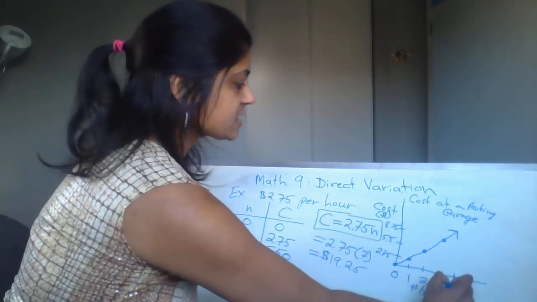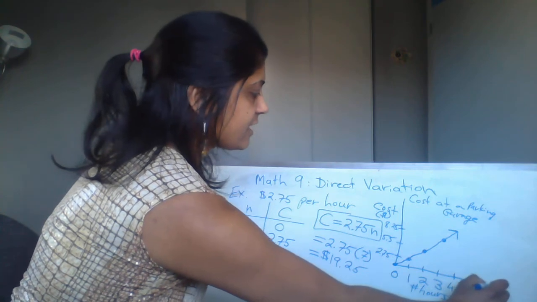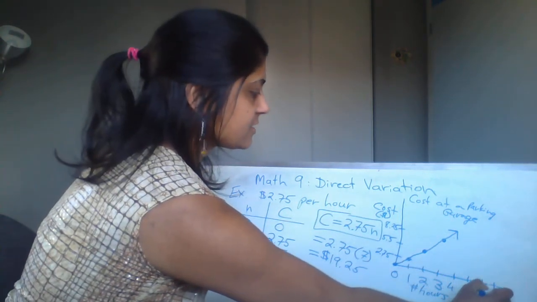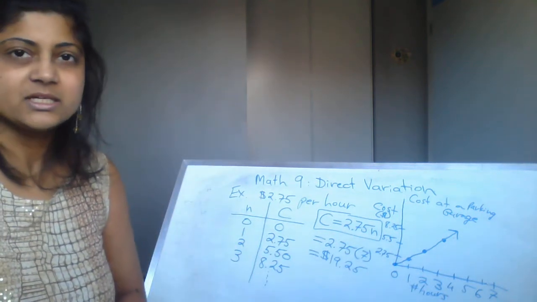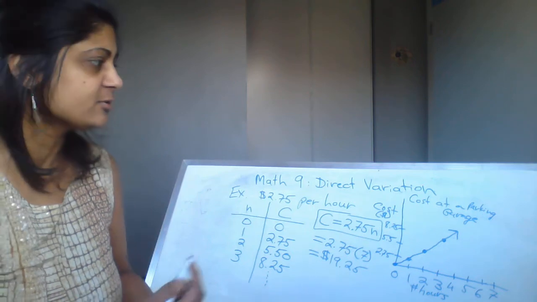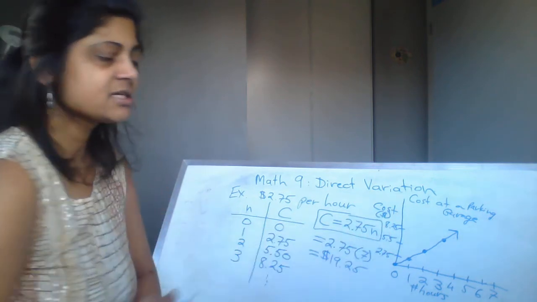I can see that it is more accurate if I'm using my equation. We can always extend our graph like this, up to 7 hours. This is you extrapolating and coming up with the value that you would have here for the cost at 7 hours.